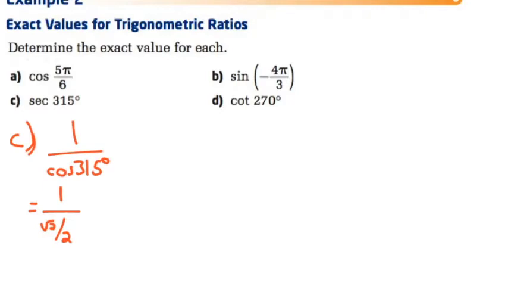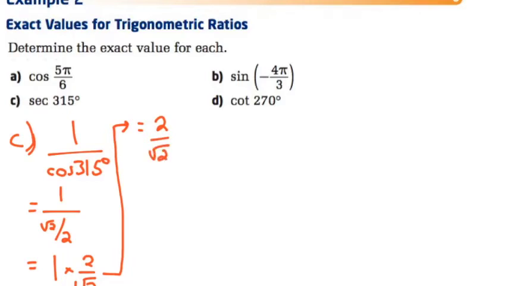Can't leave a fraction within a fraction, so we'll flip the bottom and multiply, so it becomes 1 times 2 over root 2. Which would be 2 over root 2. However, we also can't leave a root in the bottom, so we'll need to get rid of that.